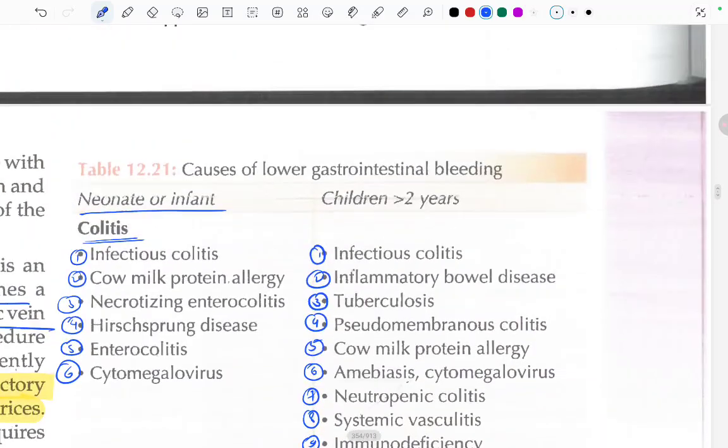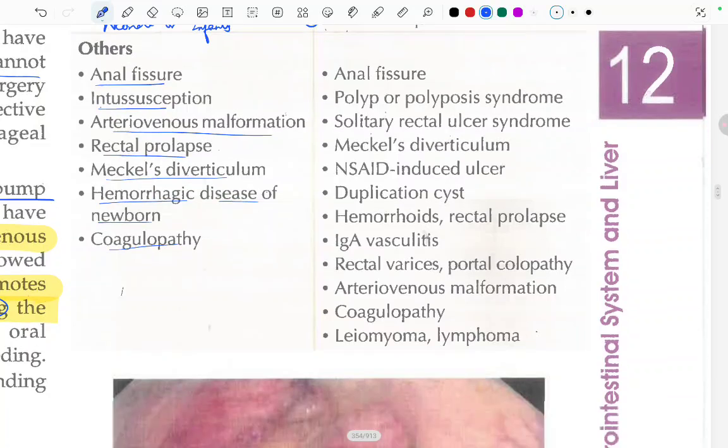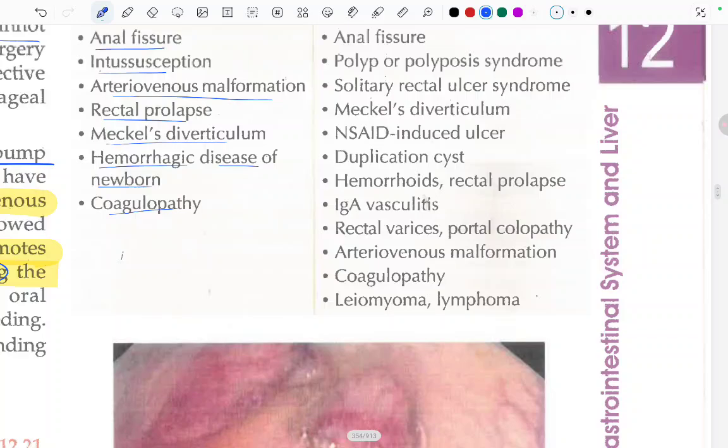And in more than 2 years of age, anal fissures, polyp or polyposis syndrome, solitary rectal ulcer syndrome, Meckel's diverticulum, NSAID-induced ulcer, duplication cyst, hemorrhoids, rectal prolapse, IgA vasculitis, rectal varices and portal colopathy, arteriovenous malformation, coagulopathy, and then comes the leiomyoma or lymphoma.